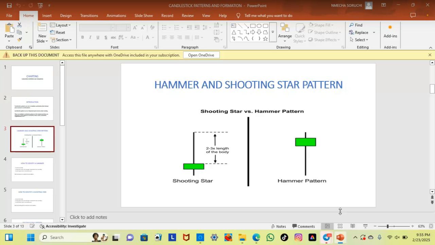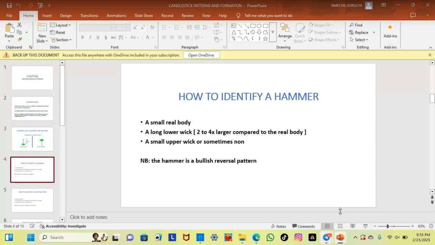First of all, let's talk about the hammer pattern. How do you identify that this is a hammer? First of all, it has a small real body.